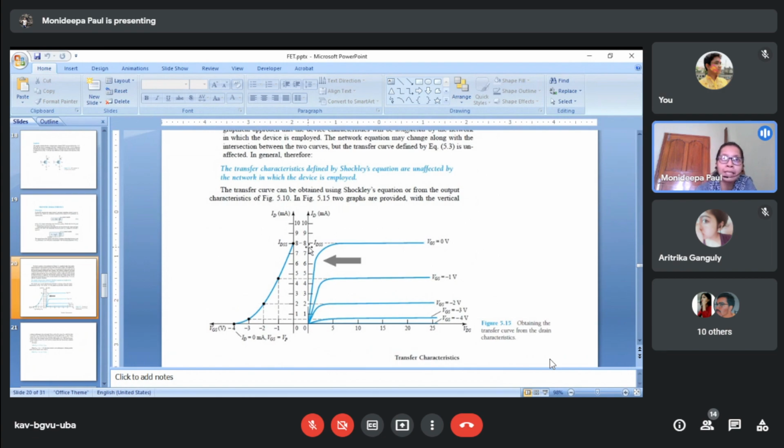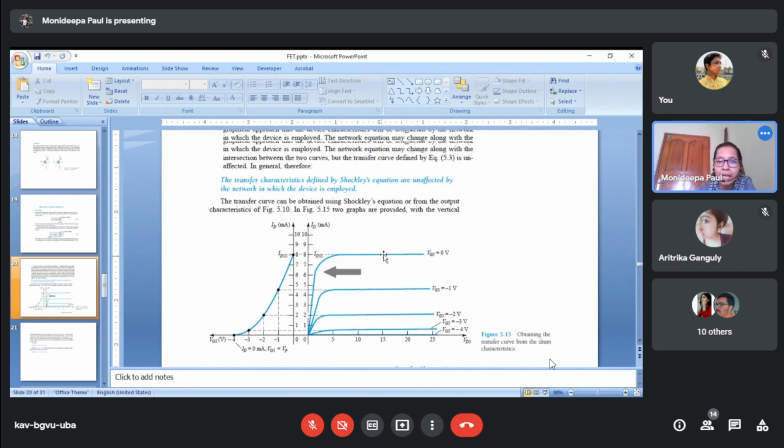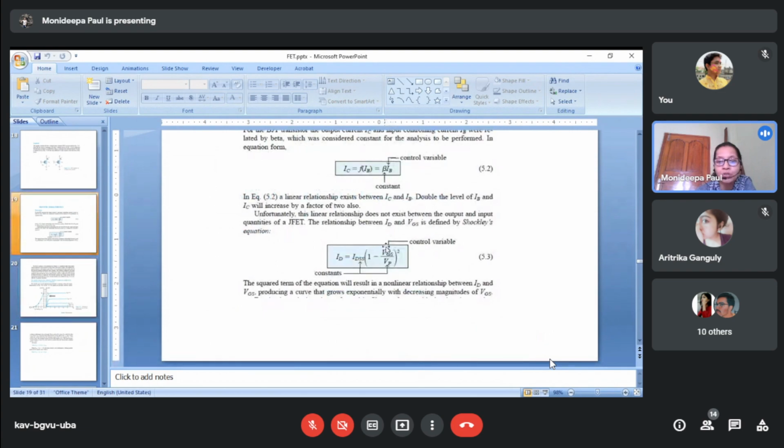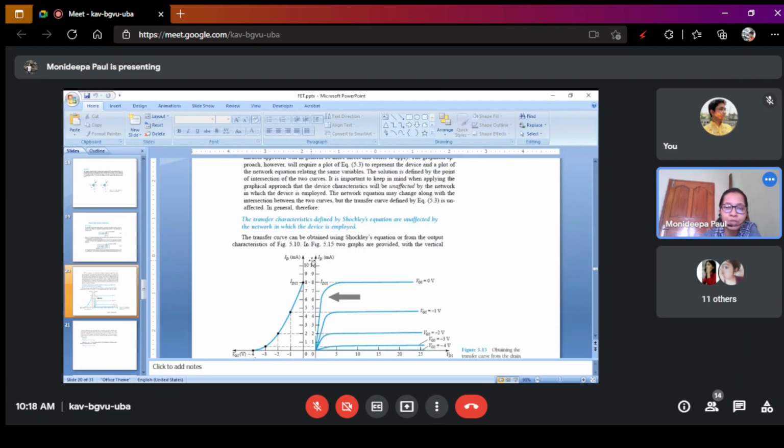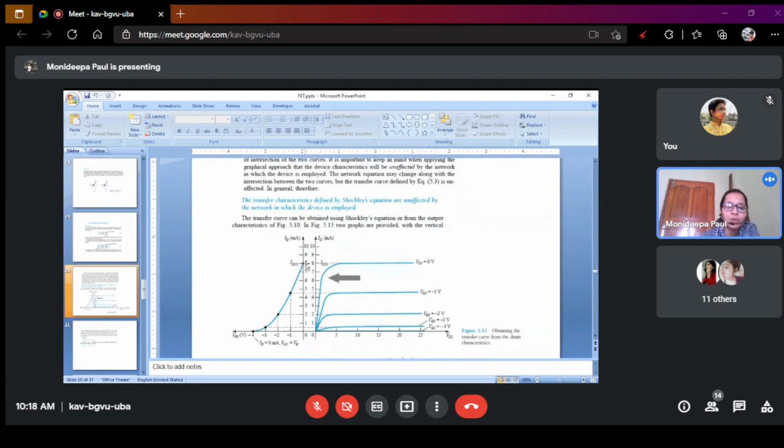If you apply the formula with VGS equal to 0 and VP fixed for a particular FET, you can get the curve by applying this equation 5.3. Here the x-axis represents the VGS. So when VGS is equal to 0, then IDS is equal to 8 milliampere.